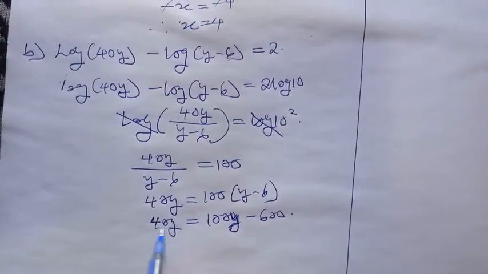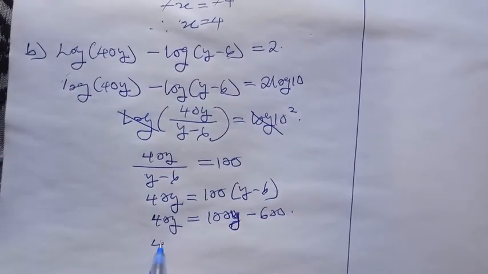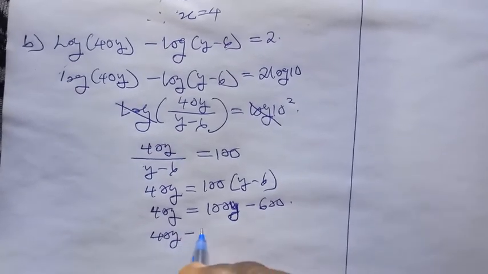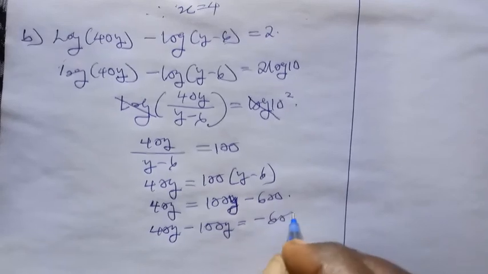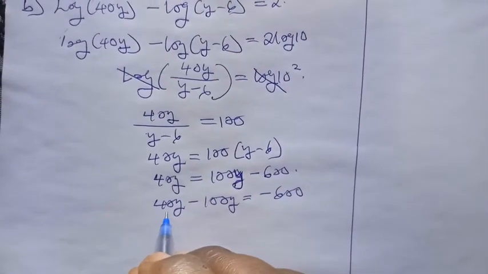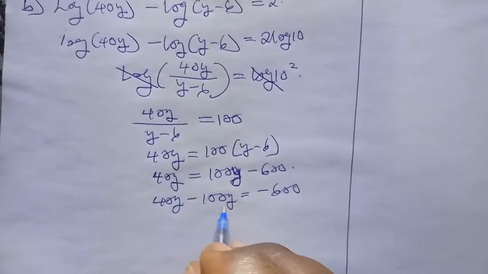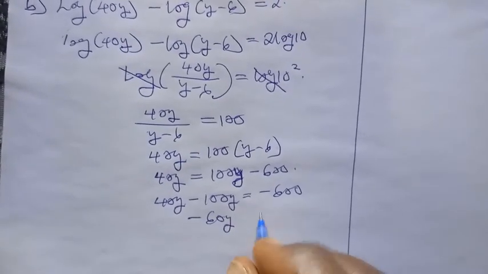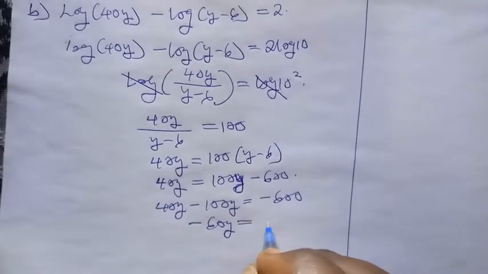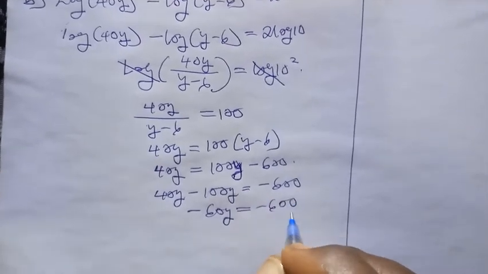So now we can collect like terms. 40y minus 100y is equal to minus 600. See that? And so we have 40y minus 100y is minus 60y, correct? Which is equal to minus 600.